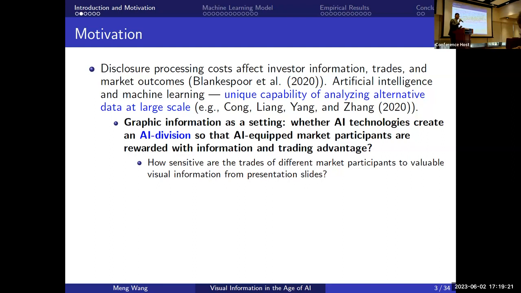So AI-equipped financial institutions might have some informational advantage because they can better utilize those types of data. And to be more specific, we want to study the sensitivities of the trades of different market participants to the valuable visual information we extract by machine learning from the presentation slides.